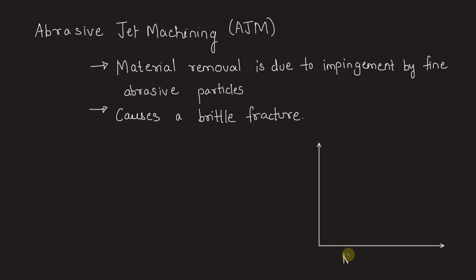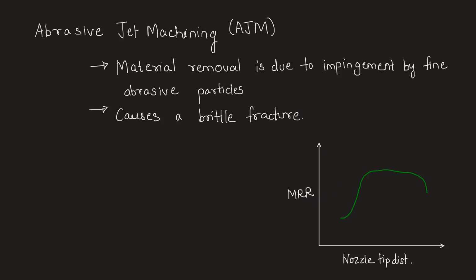Now the graph between nozzle tip distance, which is nothing but the distance between the surface of the workpiece and the nozzle, while MRR, which is nothing but material removal rate, can be shown like this.